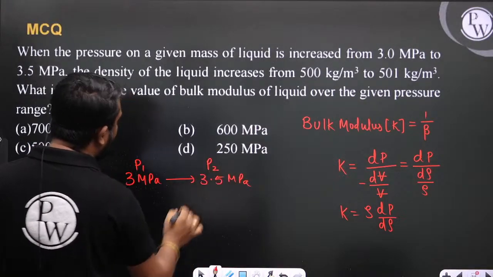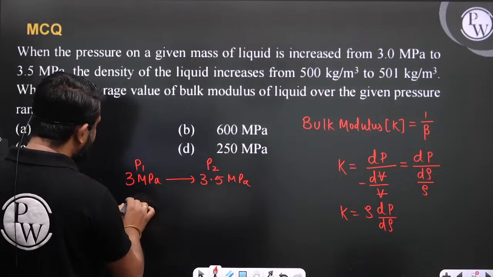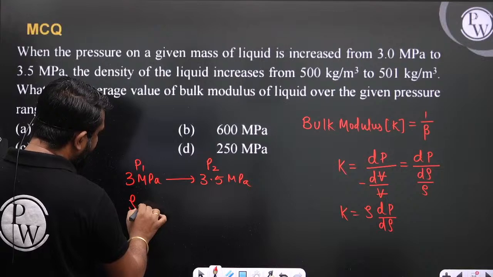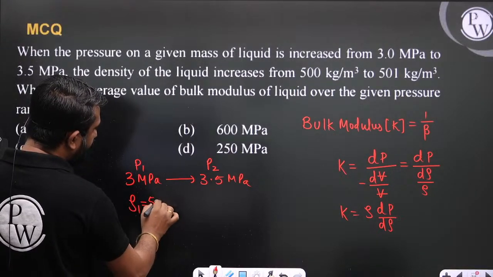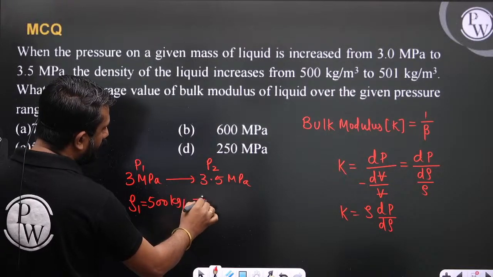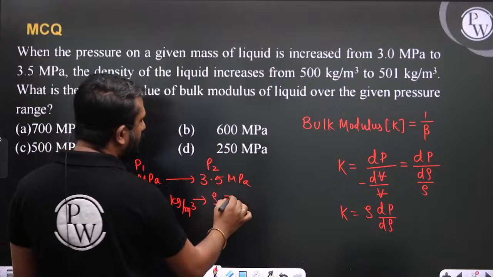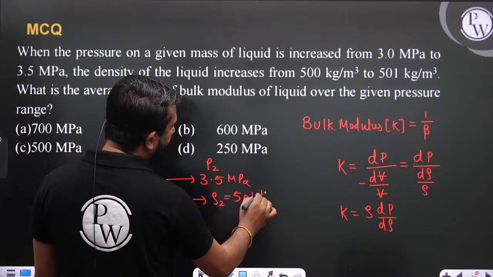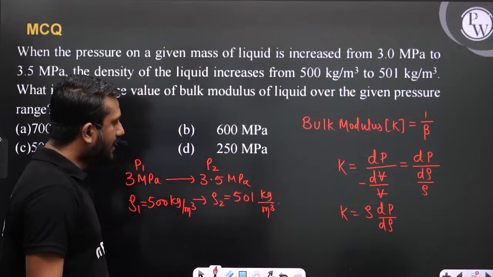Pressure increases from 3 megapascal to 3.5 megapascal, and correspondingly density increases. Let us consider rho 1, that is 500 kg per meter cube, to rho 2, that is 501 kg per meter cube.